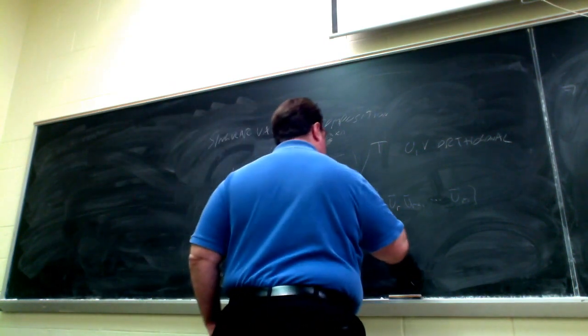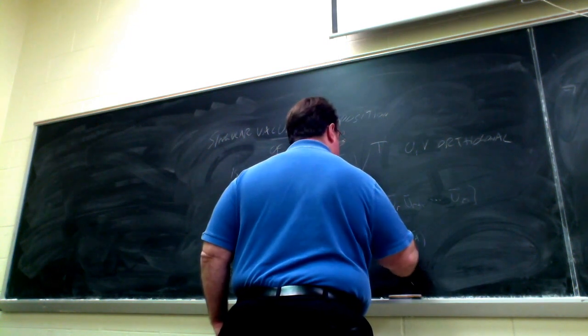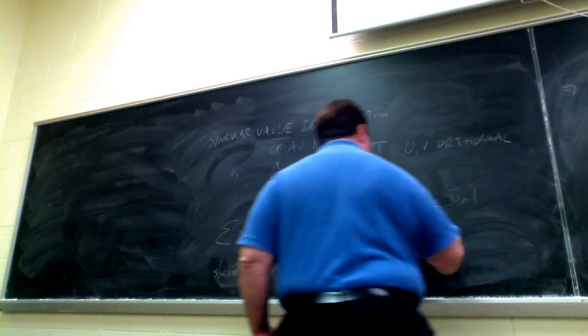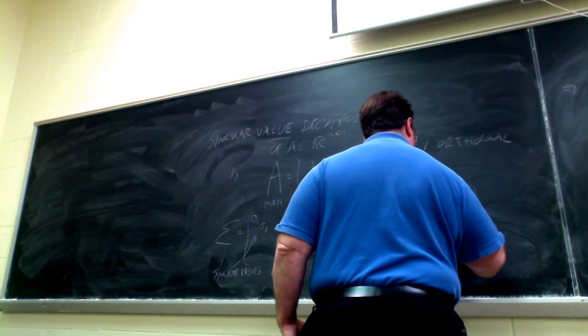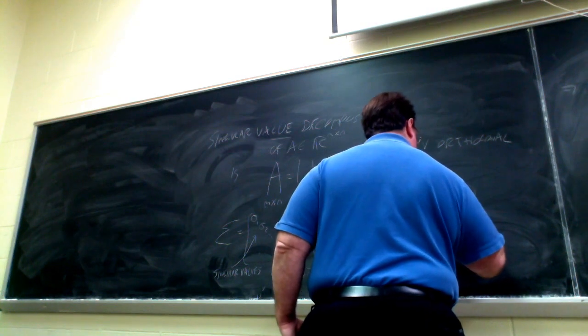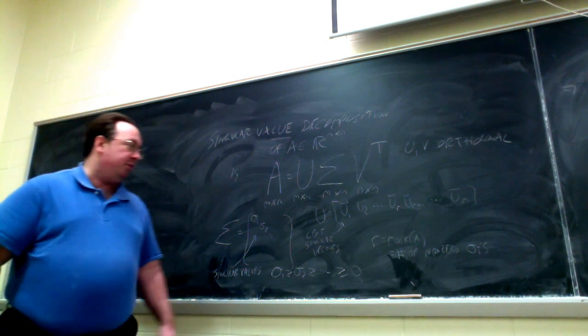Now, r is the rank of A, and that's the same as the number of non-zero sigmas. In other words, the number of non-zero singular values is always the rank.